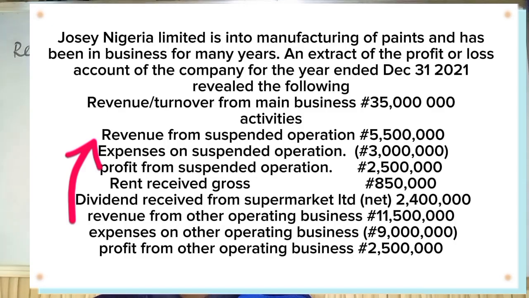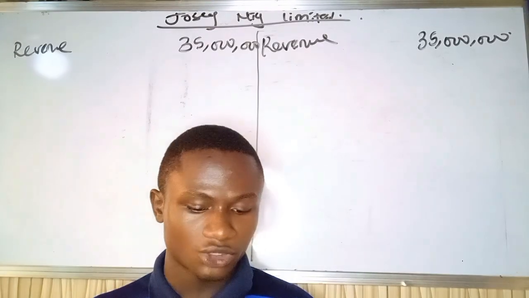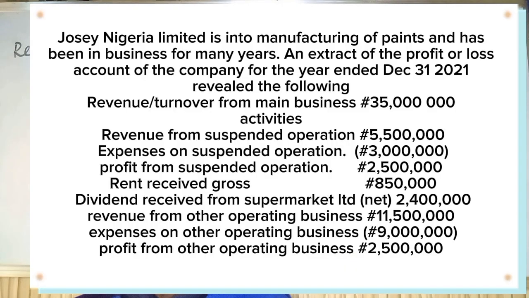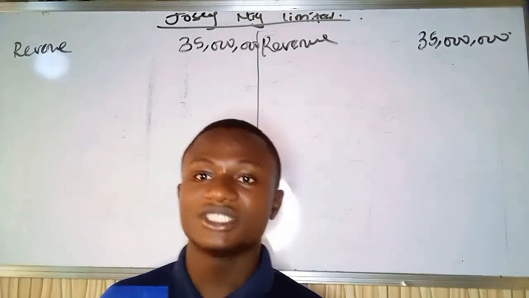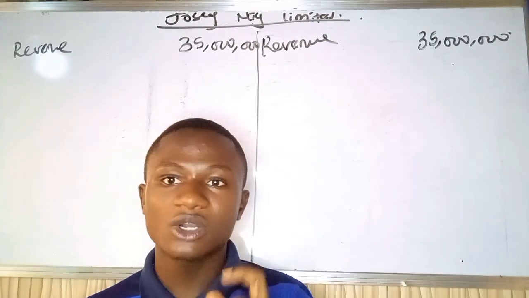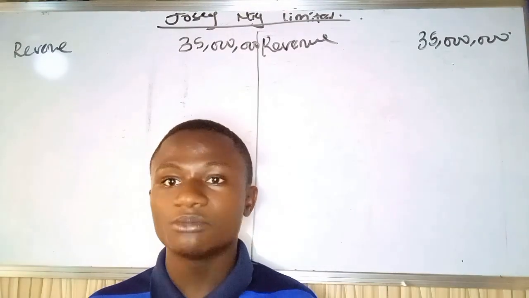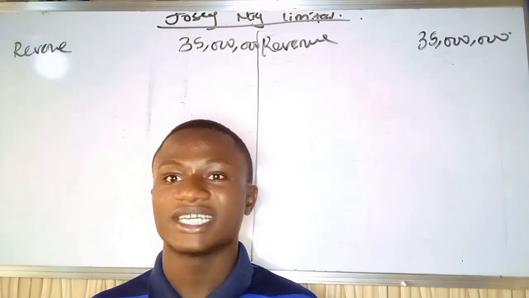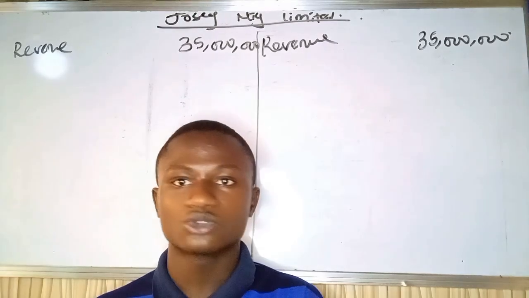We have revenue from suspended operation. If you look at this very well, revenue from suspended operation is 5,500,000, and we have expenses on suspended operation. Don't forget that I told you that what we are computing is gross income, and when computing gross income, you are looking at your income before you subtract your expenses. So when computing gross income, please don't take note of your expenses.